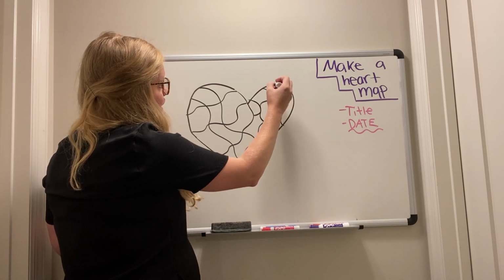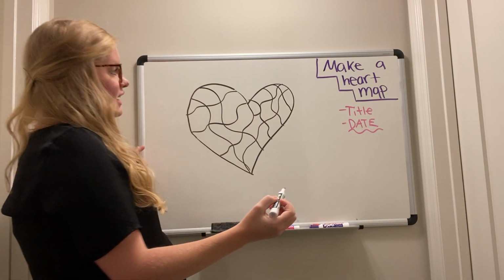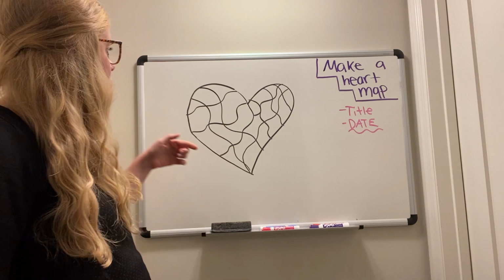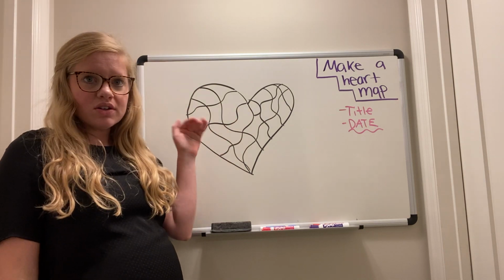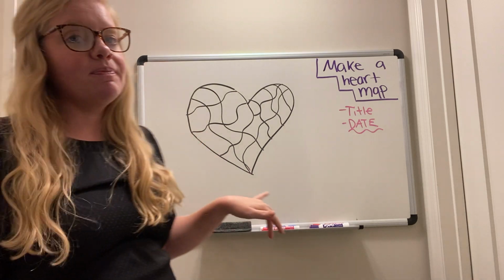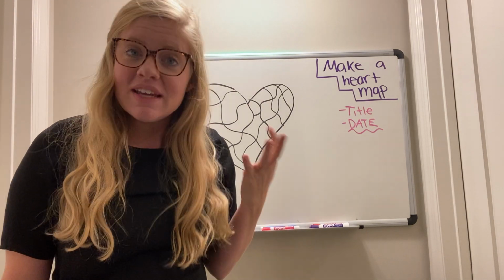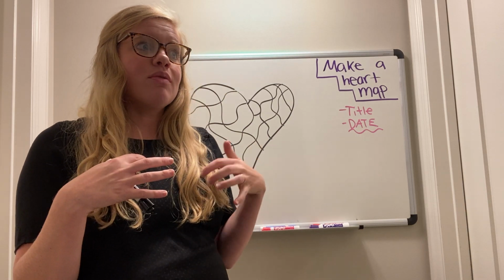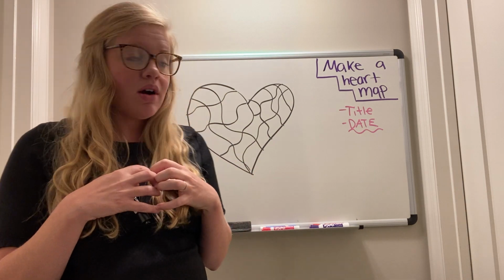And if I need more later, I can make more later. Now here's the big challenge. After we have our heart with all these little parts to it, we start filling in parts of our heart, the identities and the things that are important to us that make up our heart.